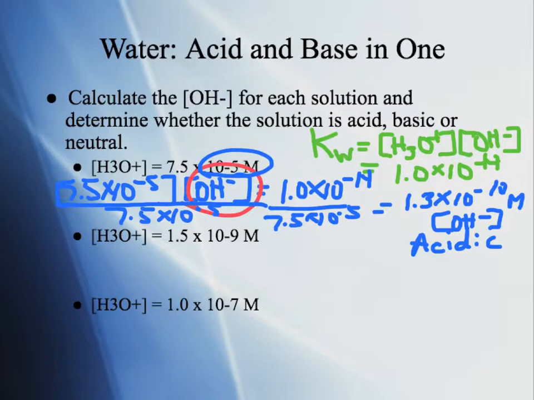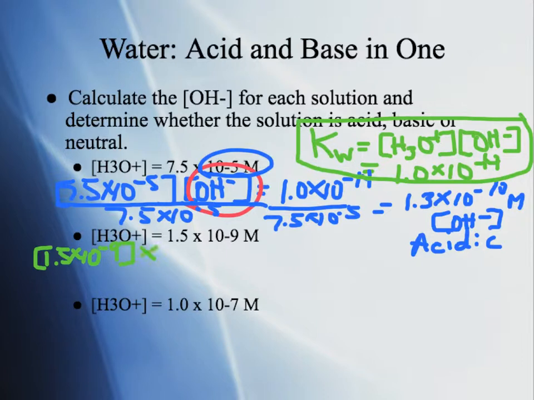All right, so let's take a look at another one. Here we have a hydronium ion concentration of 1.5 times 10 to the negative 9. Again, let's plug it into our original equation up here. So we go 1.5 times 10 to the negative 9 times x equals 1.0 times 10 to the negative 14.